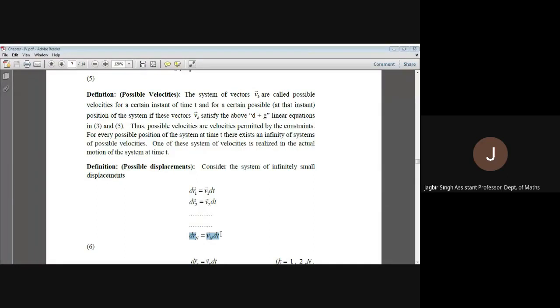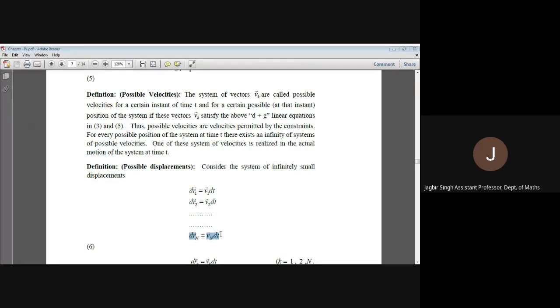And the possible values of V1, V2, Vn which satisfy these D plus G equations are known as possible velocities. Now V1 is a velocity, V2 is a velocity, and Vn is a velocity. So V1 will be equal to dr1 by dt, V2 will be equal to dr2 by dt, and Vn will be equal to drn by dt. Multiplying both sides by dt and then integrating, we will obtain r1, r2, rn, and those are known as the possible displacements.